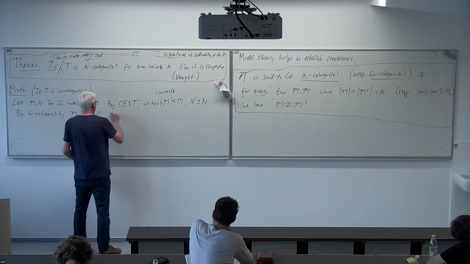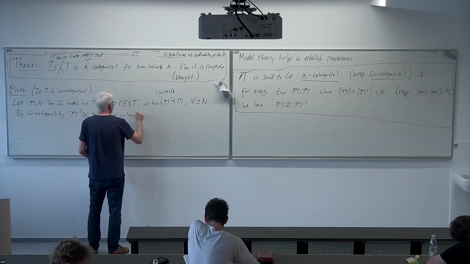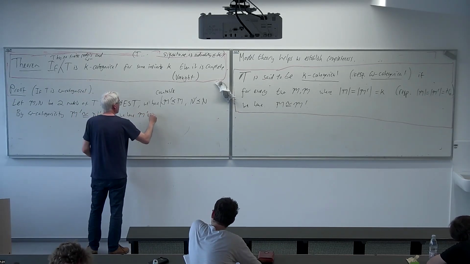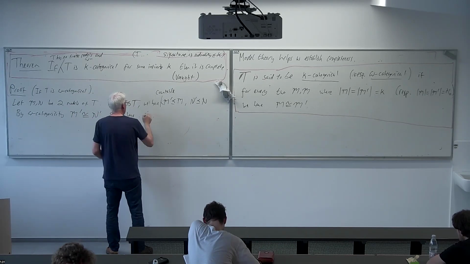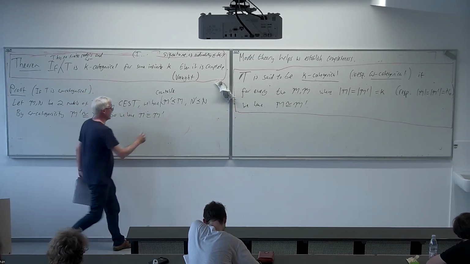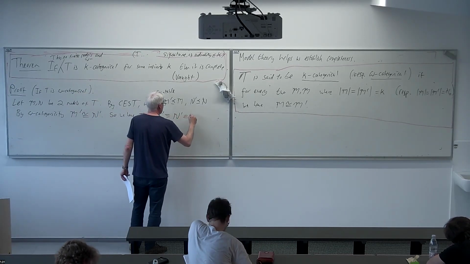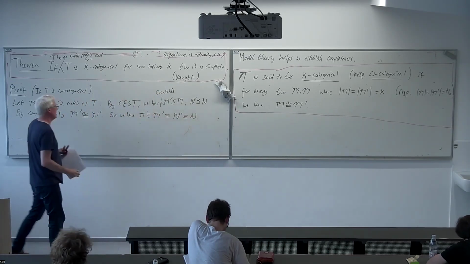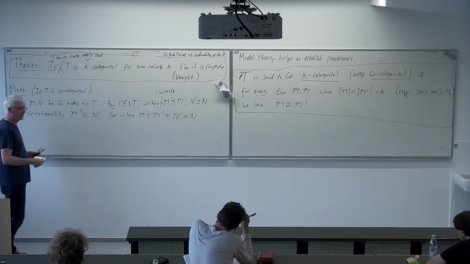So remember the notation for elementary equivalence: M is elementary equivalent to M prime, which, because they're isomorphic, is elementary equivalent to N prime, which is elementary equivalent to N. Okay, so all models are elementary equivalent.